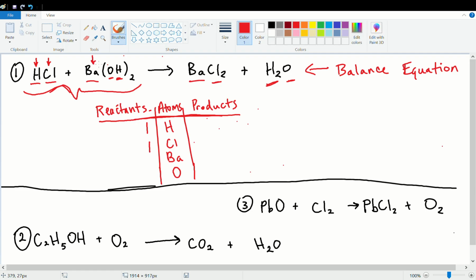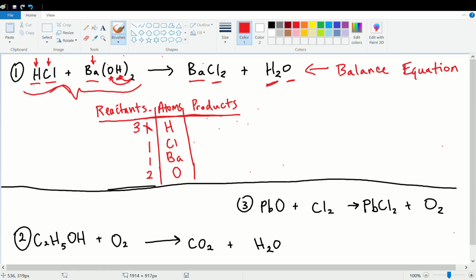I see one barium, so I'm going to write a 1. I see two oxygens, so I'm going to write 2, and then also 2 more hydrogens. So 2 plus 1, this is actually going to be a 3. So I have on the left-hand side a total of 3 hydrogens, 1 chlorine, 1 barium, and 2 oxygens.